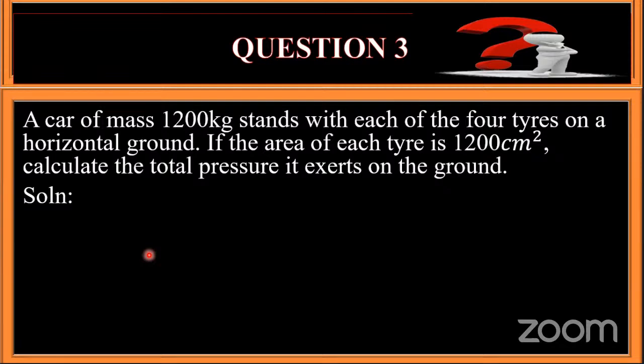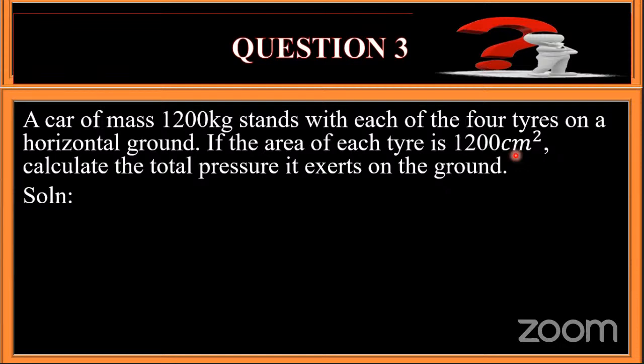are you seeing the unit of this area? The unit is in centimeters squared. So there, we are required to convert to meters squared. Is that clear to everyone? Yes. Good.